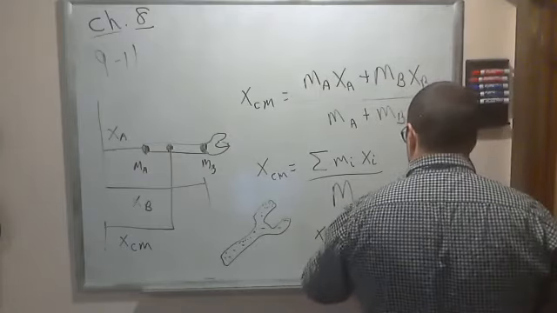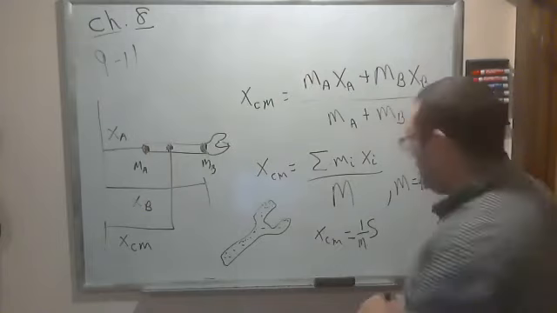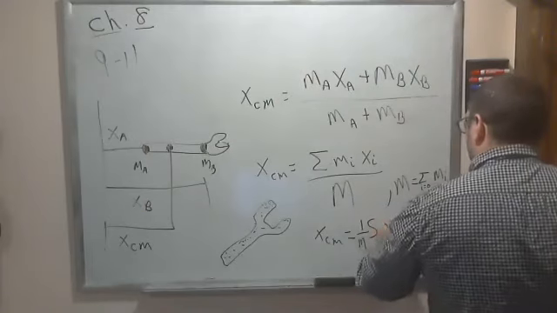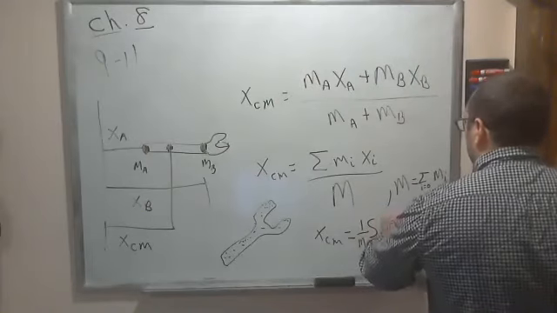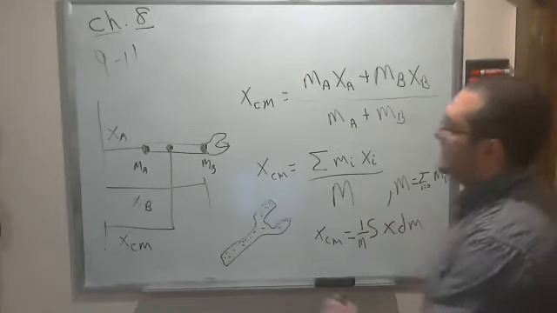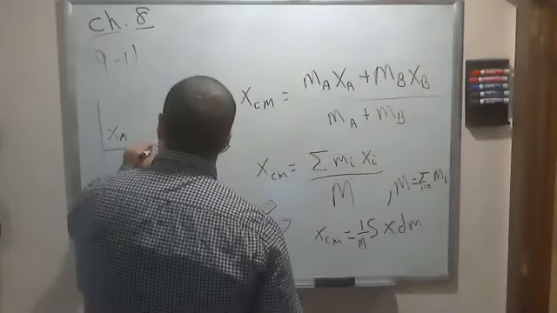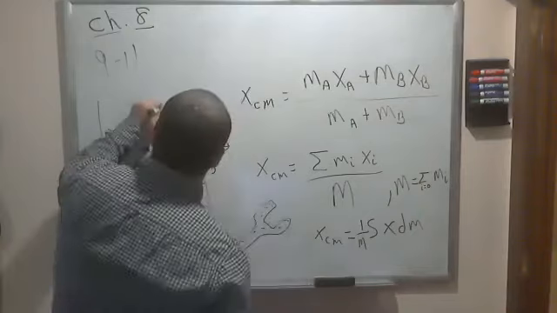One over m, x, and we integrate dm. dm would be these little segments.